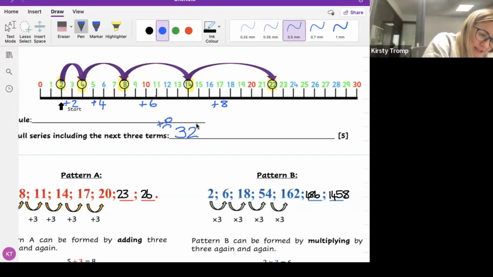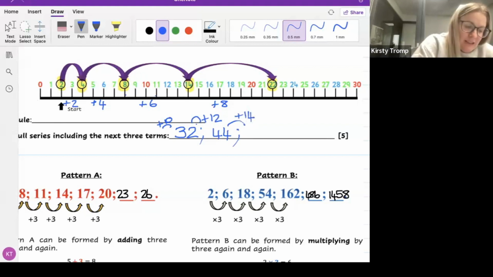So what must I do next? I must add 12. 32 plus 12 will give me 44. 2, 4, 6, 8, 10, 12. What must I add next? I must add 14, hey? Yes, ma'am. Good. So 44 plus 14 will give me 58.